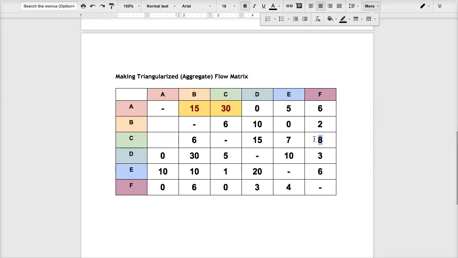So 8 is the traffic between F and C, 0 is the traffic between C and F. With that knowledge, it can become quite quick to add together these pairs. Every pair that I add together, I'll just put in the corresponding number, and the number will disappear from the bottom left-hand side, and it will appear as the aggregate number on the top right-hand side.